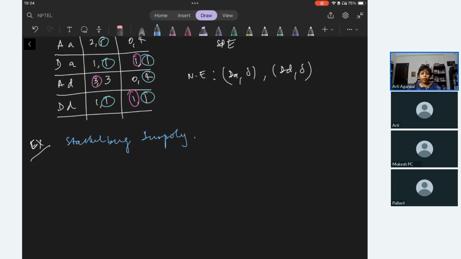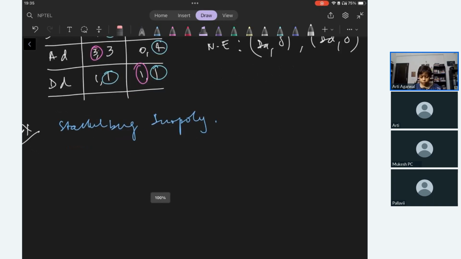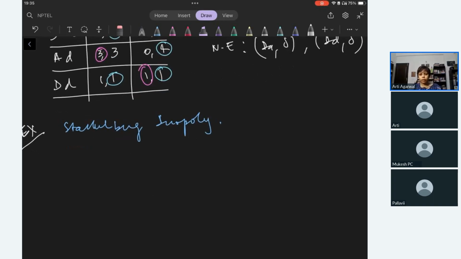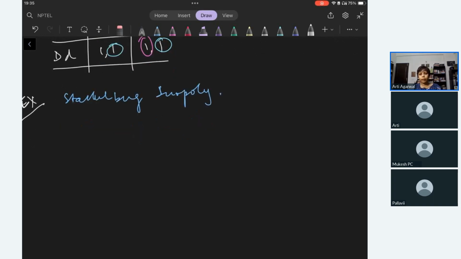Although we're talking about this in the context of industrial organization, a duopoly or oligopoly, this model of a game has applications beyond just industrial organization. We use the same kind of model in other things also.